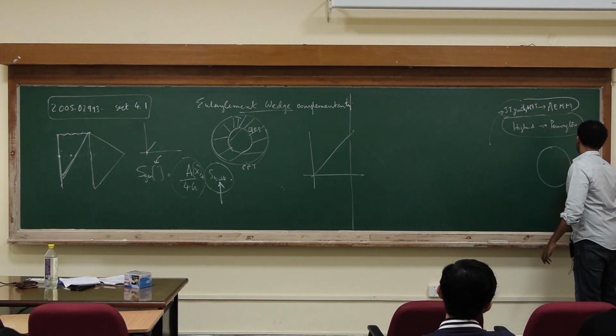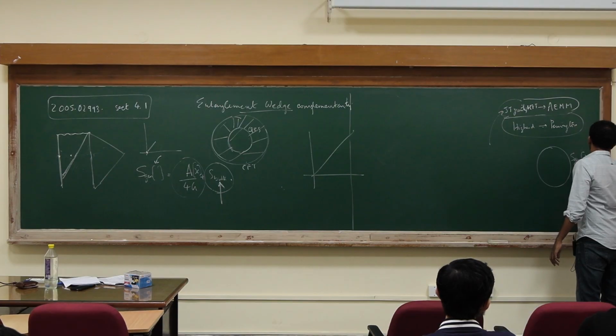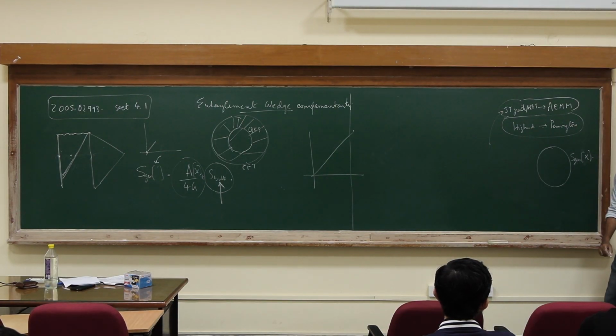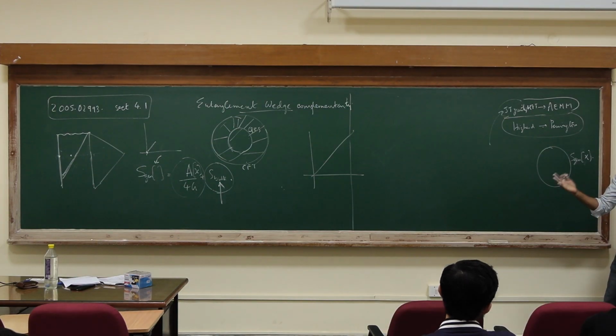You're computing this S gen of this quantity. The prescription is that you have some A of chi and then some S bulk corresponding to that. You add these two things, and then you find the one that is the smallest.